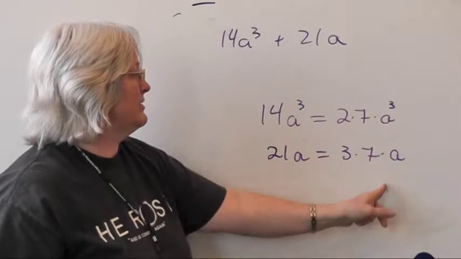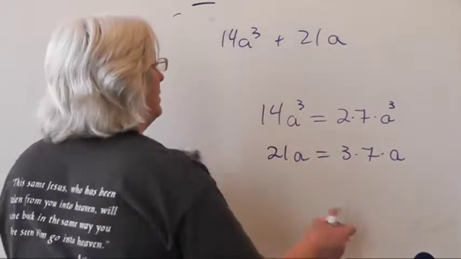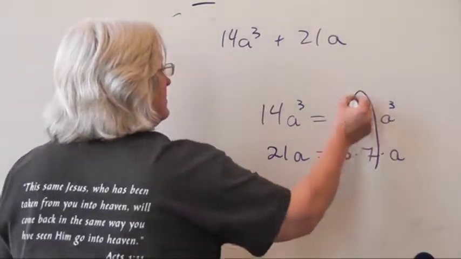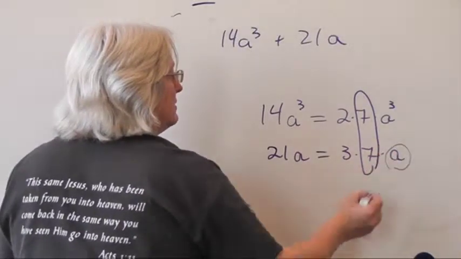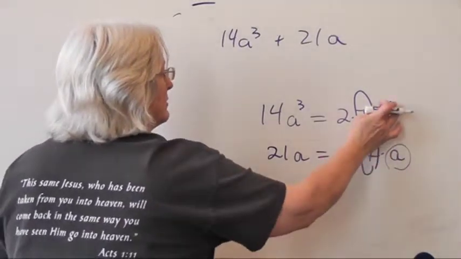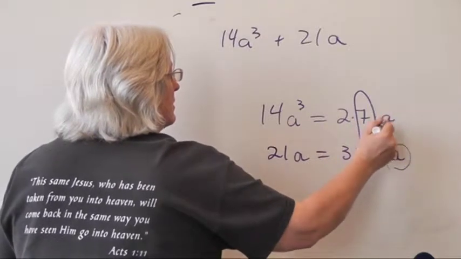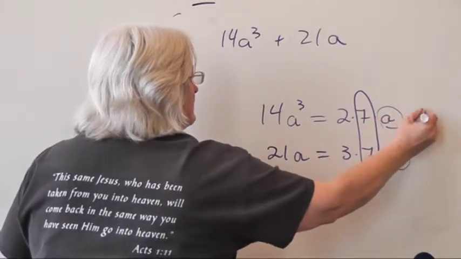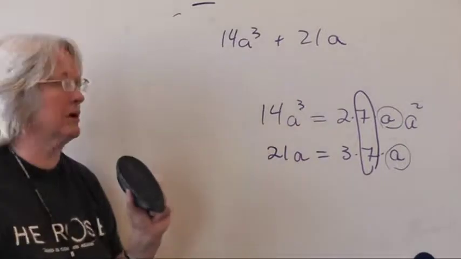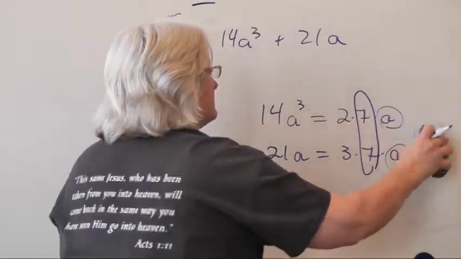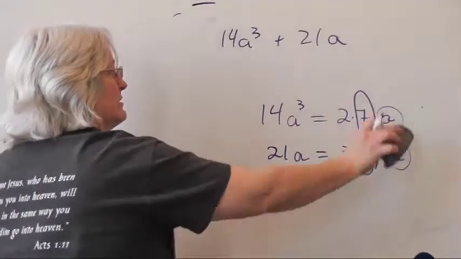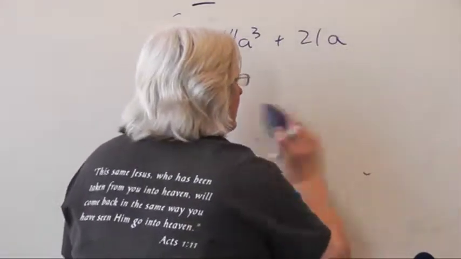What do you have in common here? You have 7 in common, and you have a single term of a in common, which leaves you a squared. So what's our greatest common factor for these? 7 times a, or 7a.